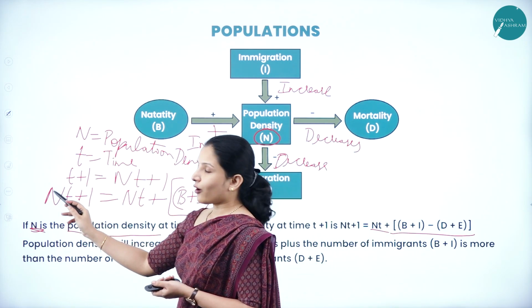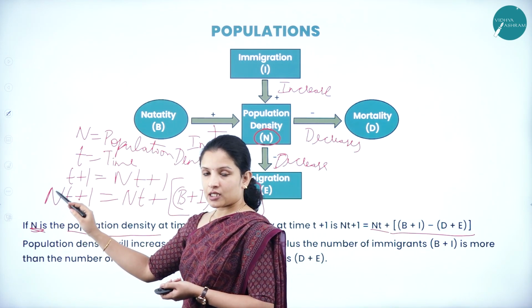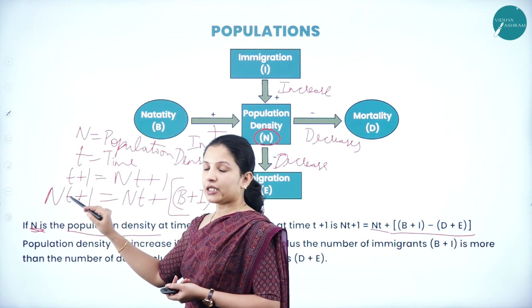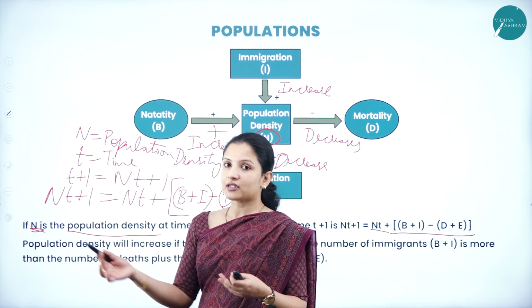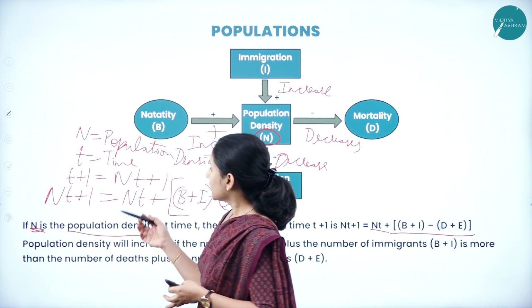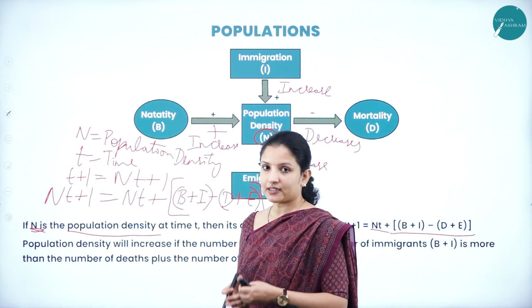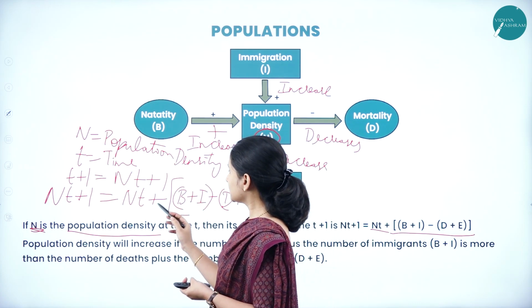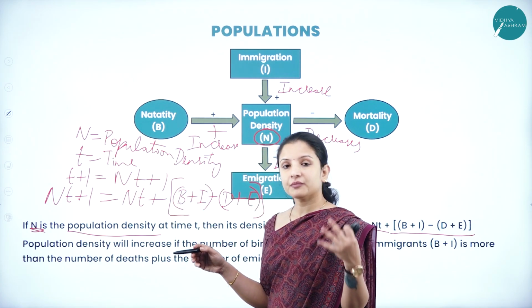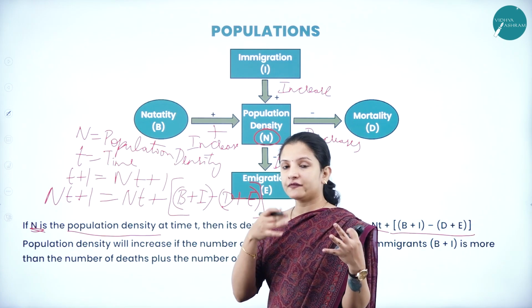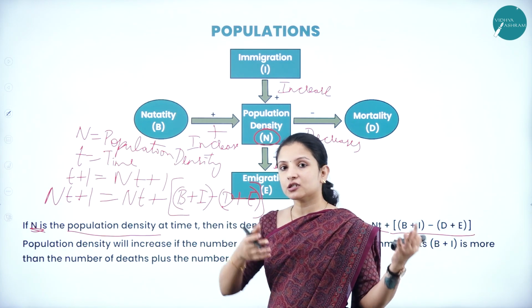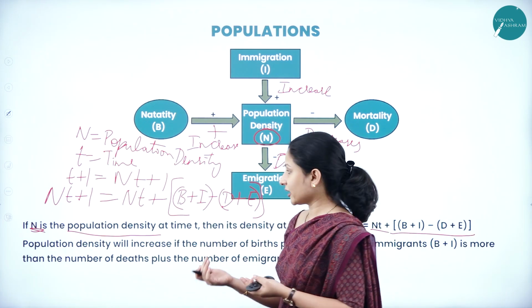So, N is population density at a time T plus 1, that is after a certain period of time, equal to density of population at the present time, or previous year. It can be previous year also. If you are calculating previous year with that of the present year, anything it can be.